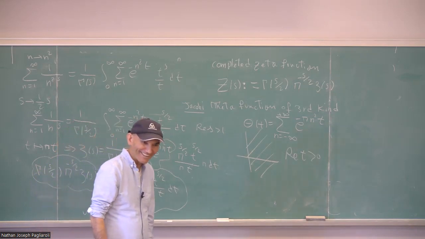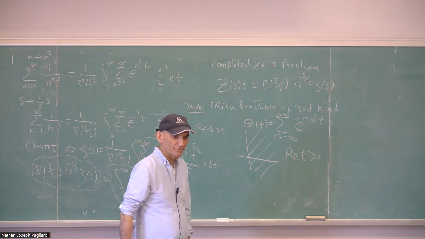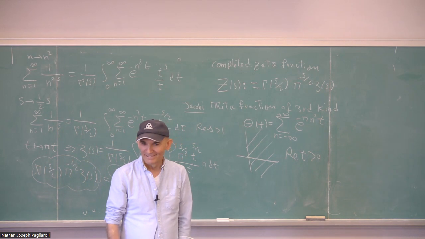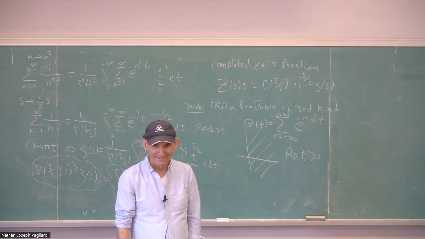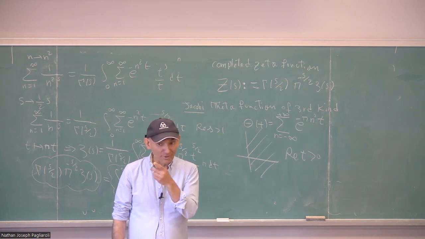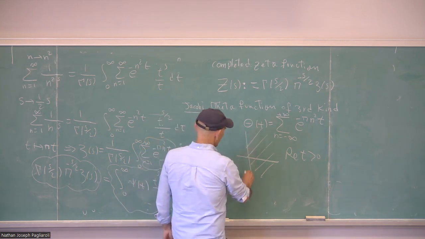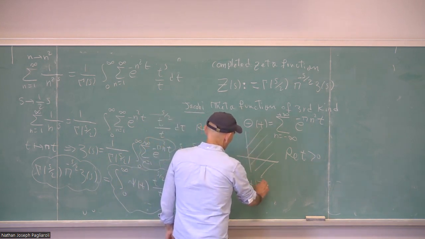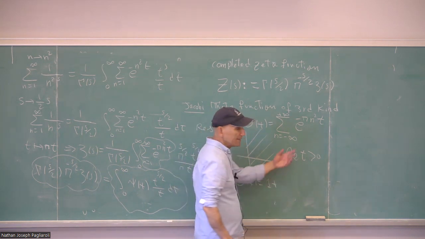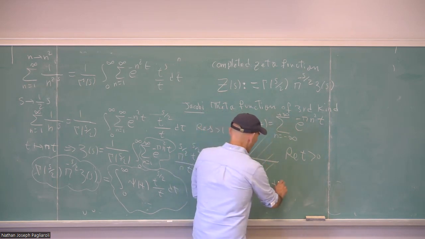Oh yeah, because it looks like it's going to approach 1. Okay, any other guesses? Yeah, it would be 0 except for the constant term. If you look at theta of t, there is a term 1, right? And then it's symmetric for t and minus t, so I can just write it as twice the rest.